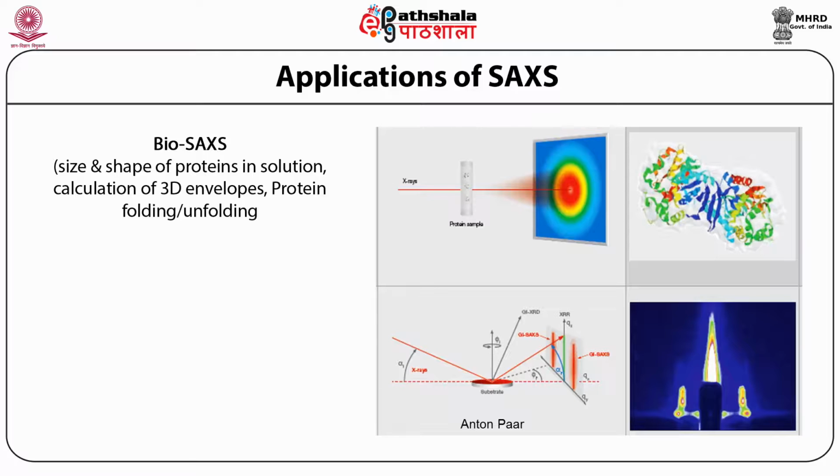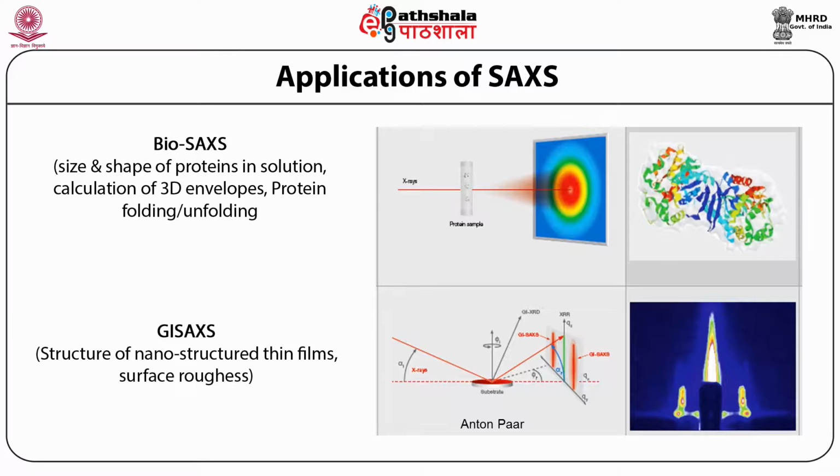Another major application of small angle X-ray scattering is GI-SAXS, which is used to study the structure of nano-structured thin films and also to study surface roughness. Mechanical testing can also be done in order to study the structural changes of polymer foils and fibers induced by tensile stress.